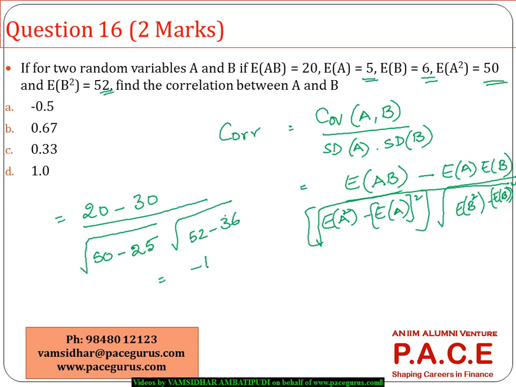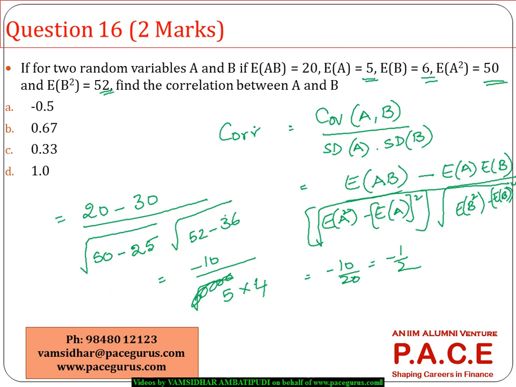So overall this is becoming minus 10 divided by square root of 25. Alright, so probably I can directly write it as 5 into square root of 16. I can write it as 4. So minus 10 by 20 working out to minus 1 by 2. The correlation between A and B.